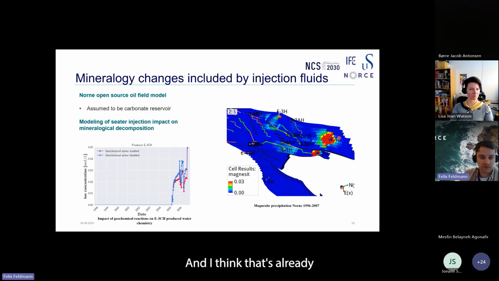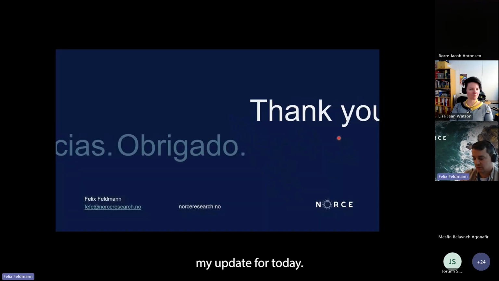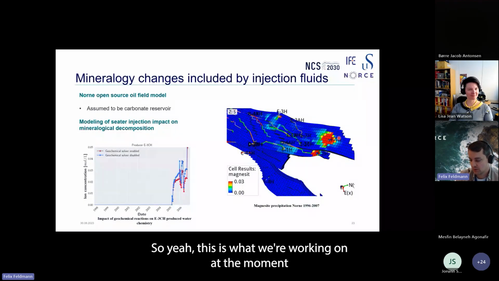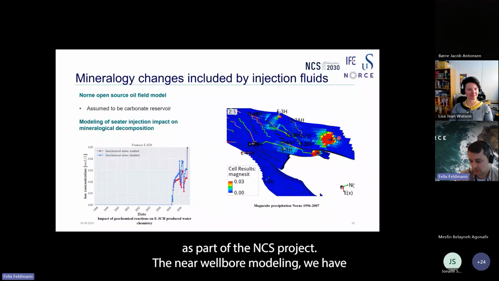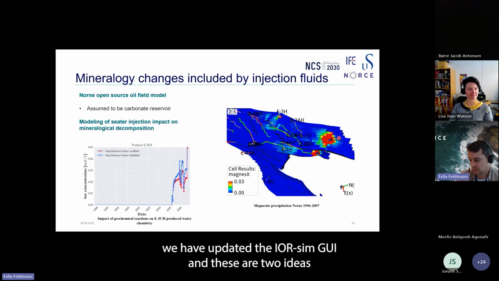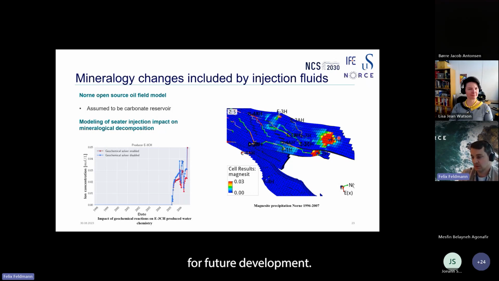And I think that's already my update for today. This is what we're working on at the moment as part of the NCS project, the near-wellbore modeling. We have coupled IORSim successfully to Intersect. We have updated the IORSim GUI, and these are two ideas for future development.